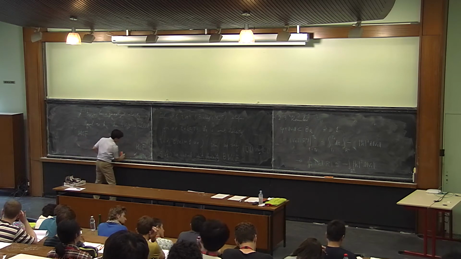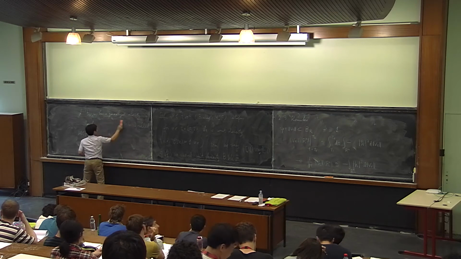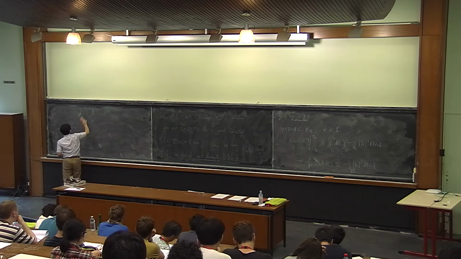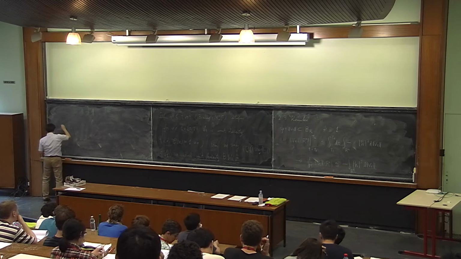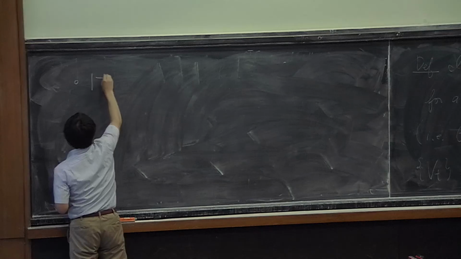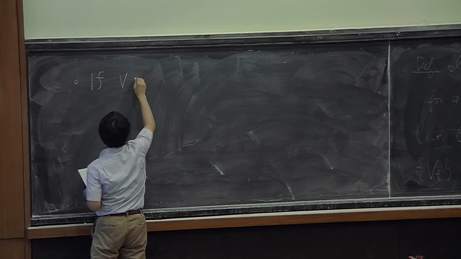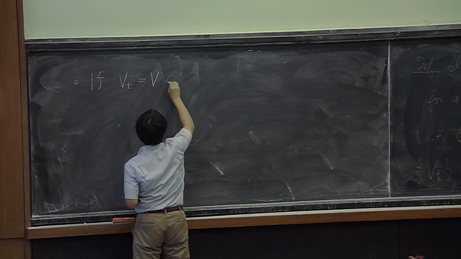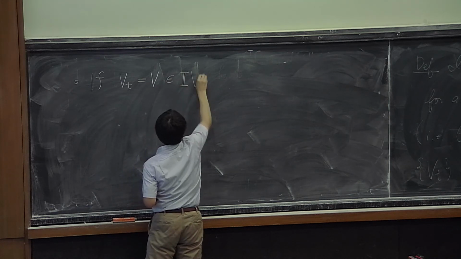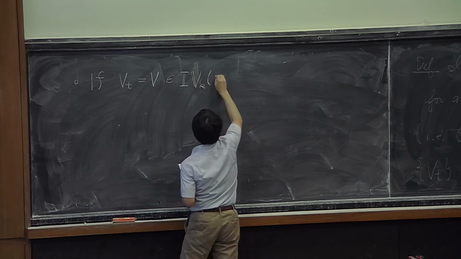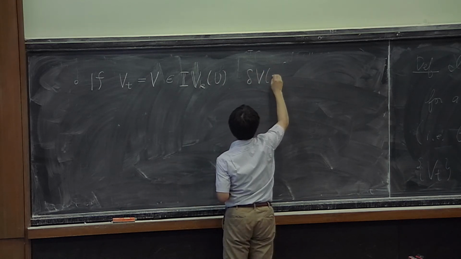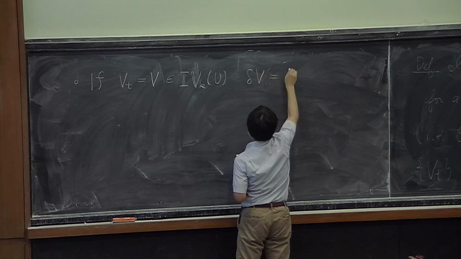And also next, just a trivial remark: the second point is if V_t is equal to V, which is an integral varifold with stationary varifold.